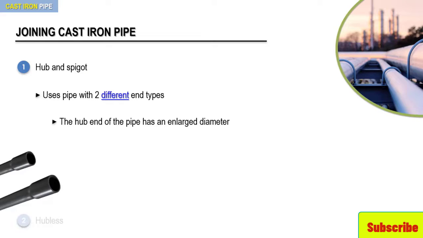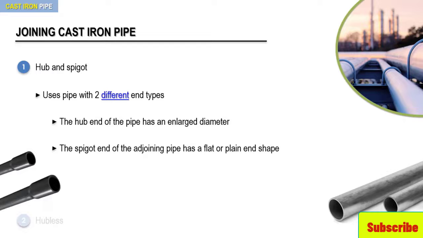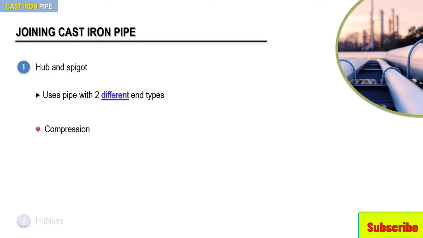On the other hand, the spigot end of the adjoining pipe has a flat or plain end shape. The spigot is inserted into the bell to establish a joint. Two methods of preventing leaks on bell and spigot joints are compression and lead and oakum.